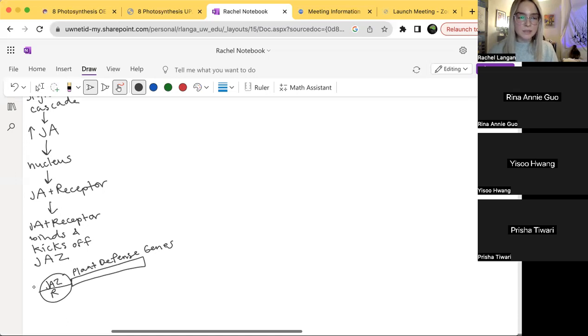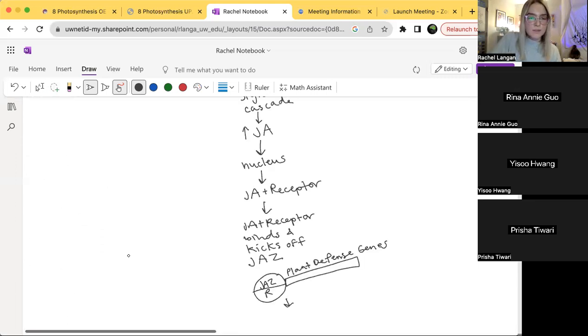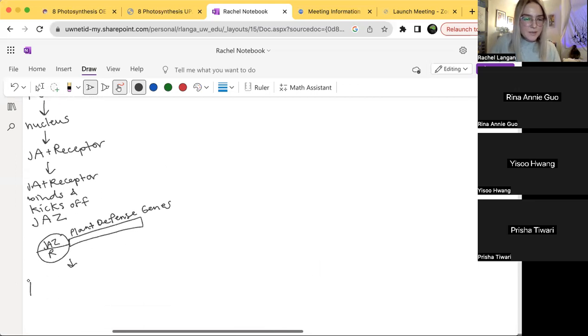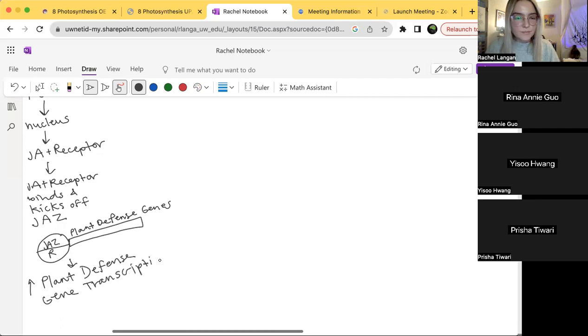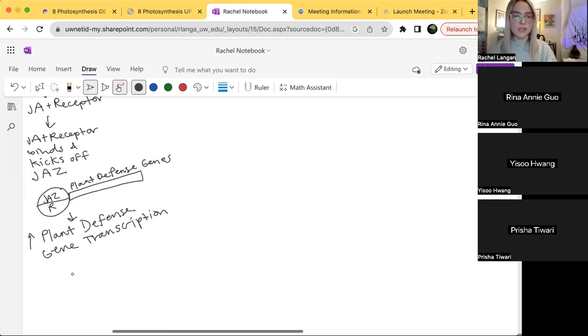JA plus its receptor kicks off that repressor, and the end result is to increase plant defense gene transcription. So we had these salivary molecules, end result, increase plant defense gene transcription.